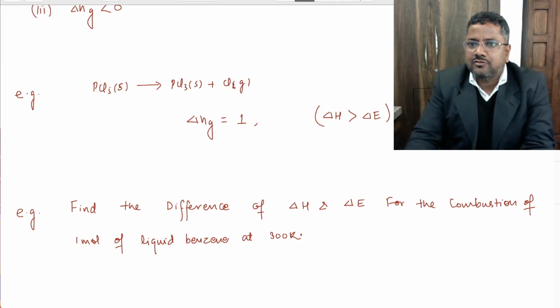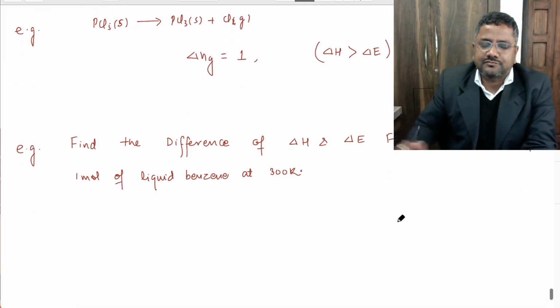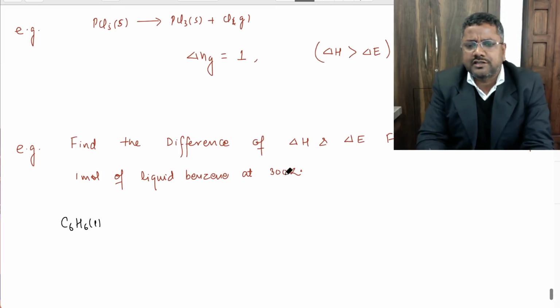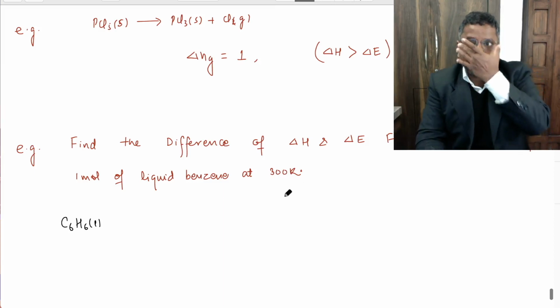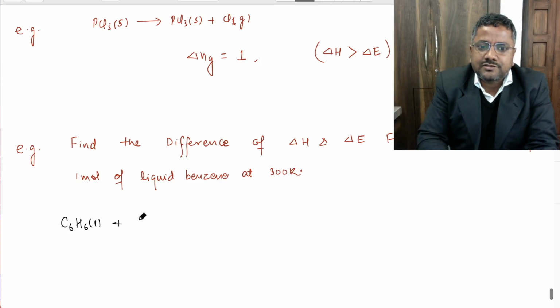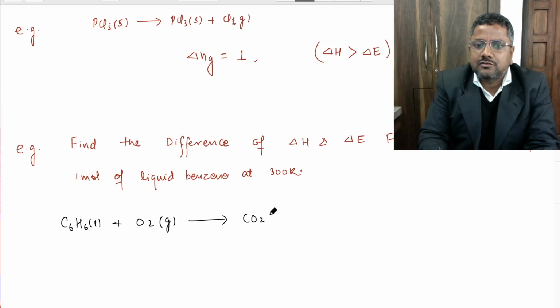So what you have to do, first you have to write the equation. C6H6 liquid, because you know 300 Kelvin is room temperature, and at this temperature this is liquid, plus O2 gas gives CO2 gas plus H2O.